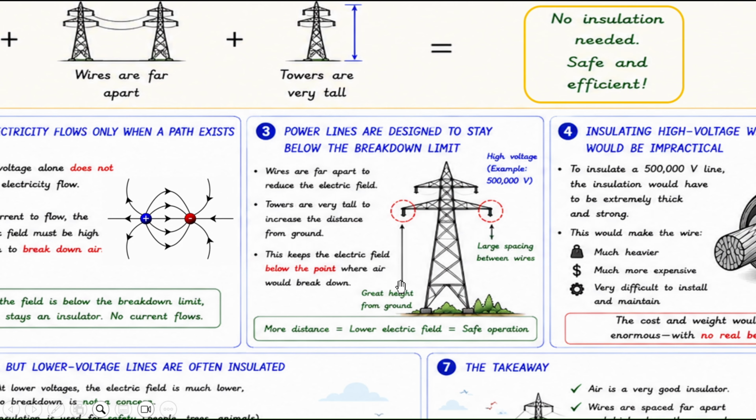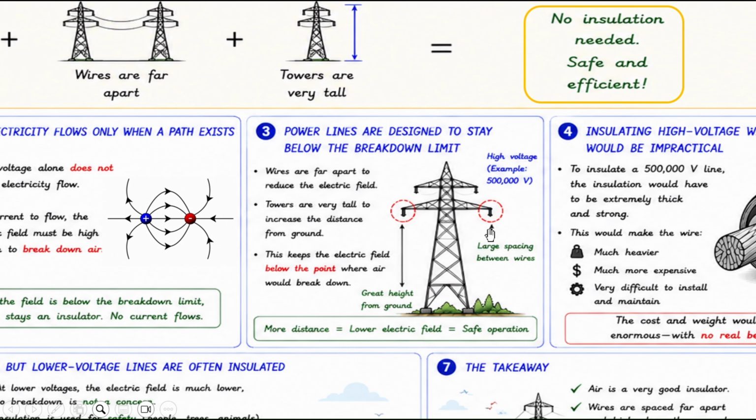If these conductors were close to the ground, the electric field would become stronger, and it might develop a path for the electricity to flow from the conductors towards the ground. That's why we place them far away. When we place them far away, we reduce the chances of a strong electric field, and the insulation of the air becomes stronger.